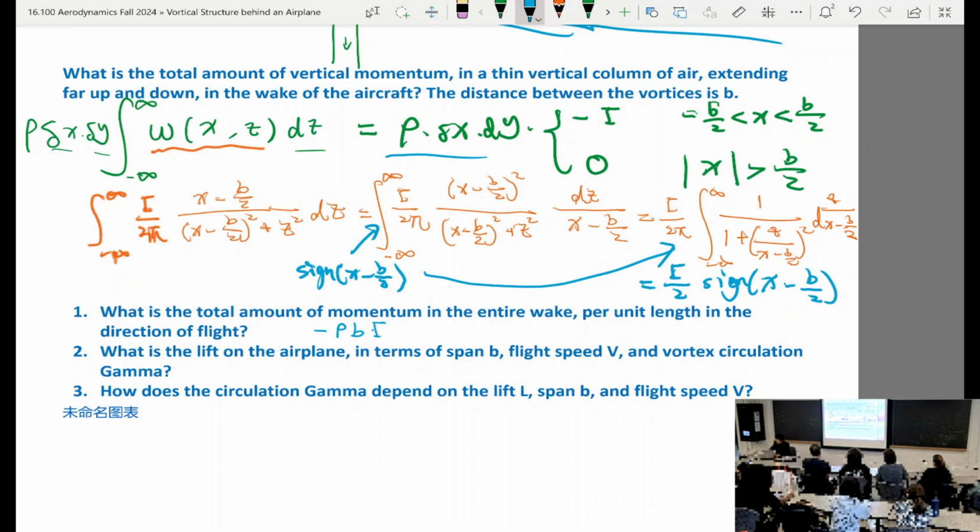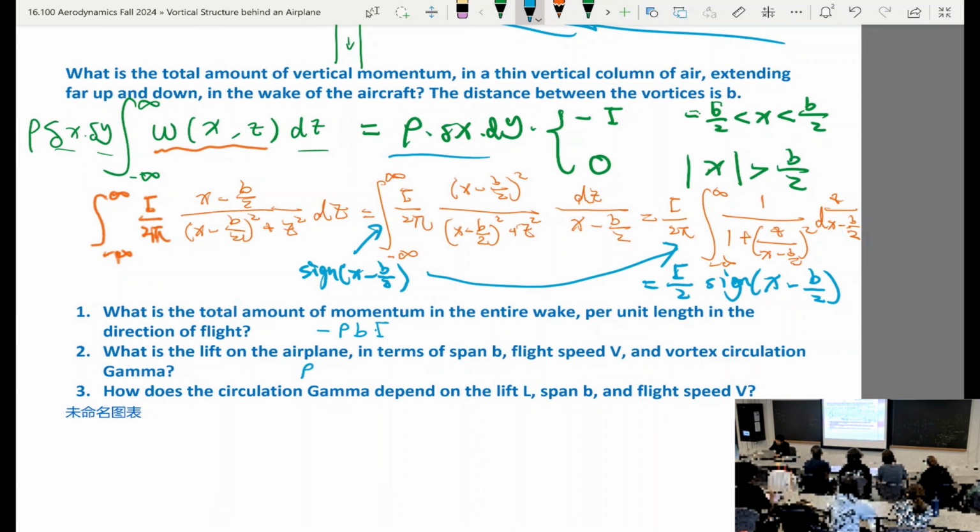So the airplane imparts a downward momentum with magnitude rho b gamma v on the air, which means the lift you get is rho b gamma v. So that's my lift. And if you express the strength of the vortex in terms of lift, you have this.